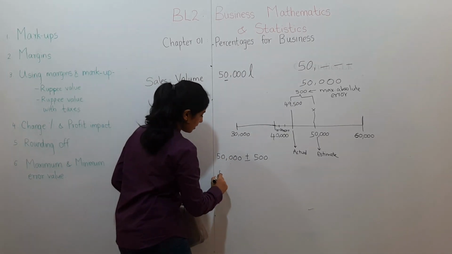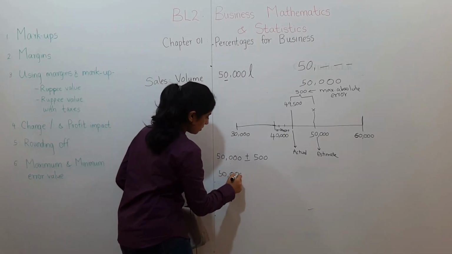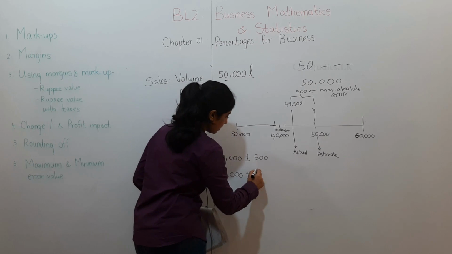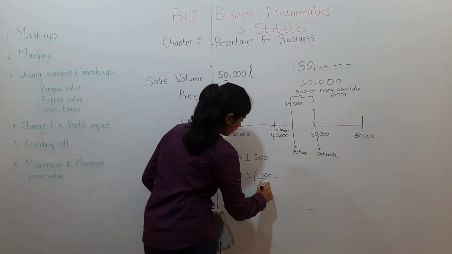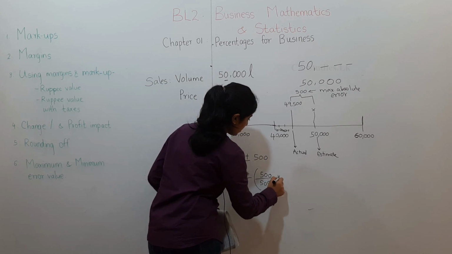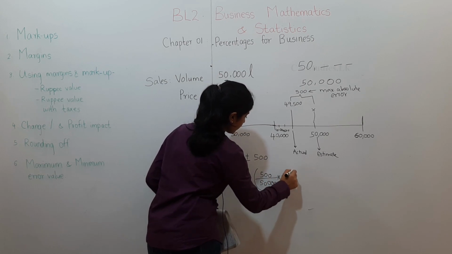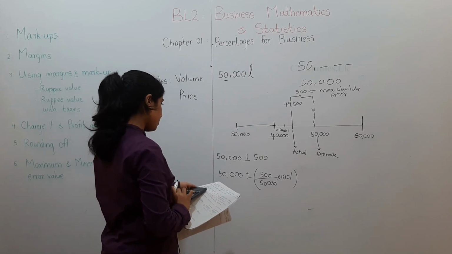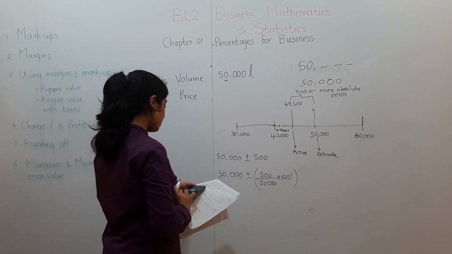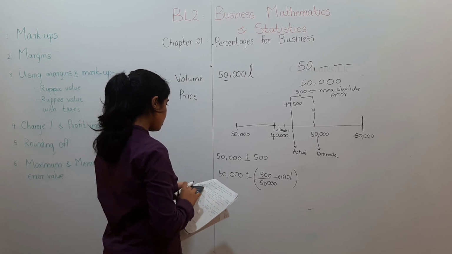That will be expressed as 50,000 plus or minus 500 upon the estimated figure 50,000 into 100 percentage, which is 500 divided by 50,000, 0.01.